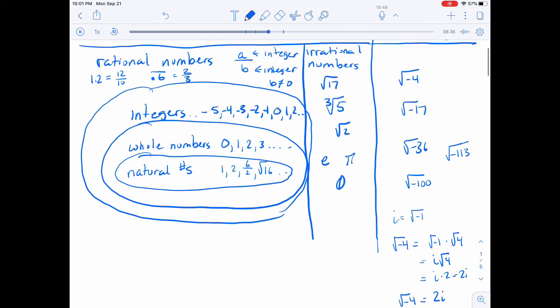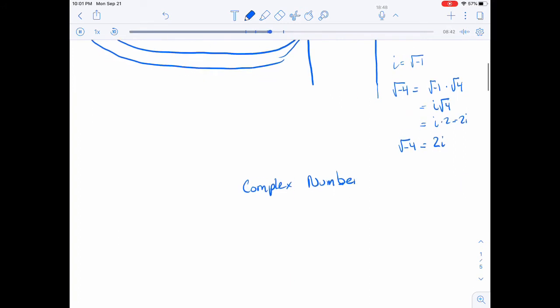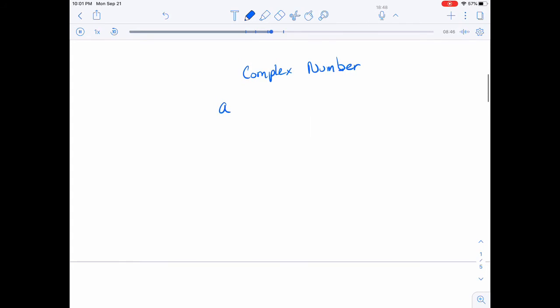Every complex number is composed of a real part, a, and an imaginary part, bi. So a is our real part, and bi is our imaginary part.